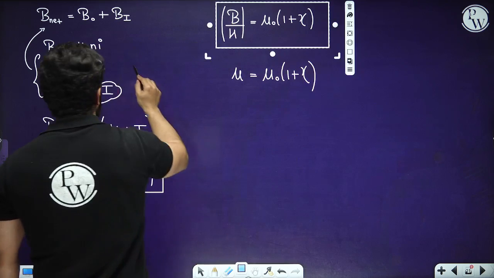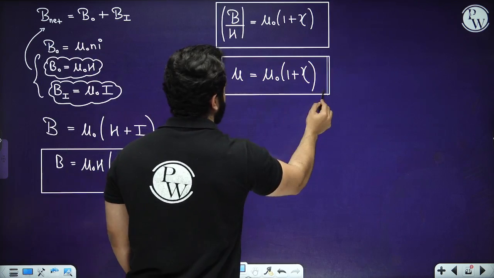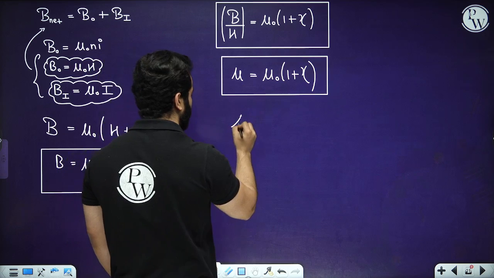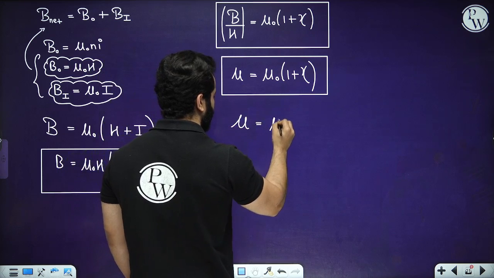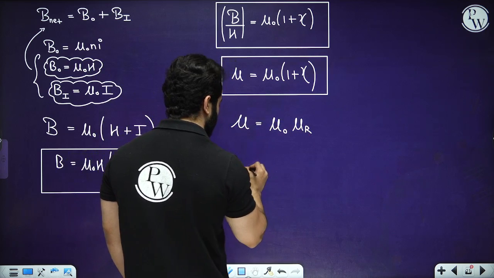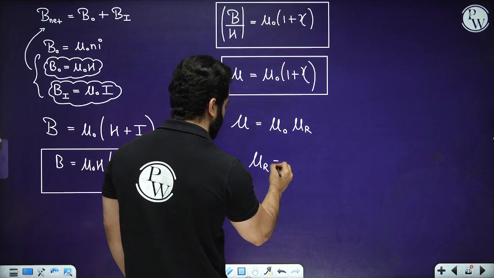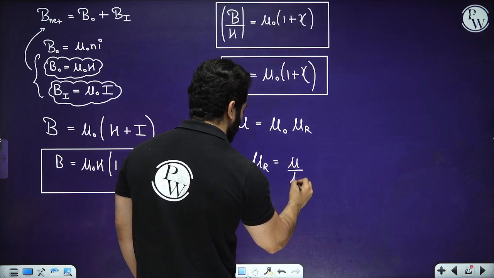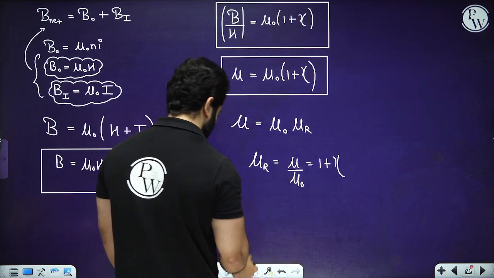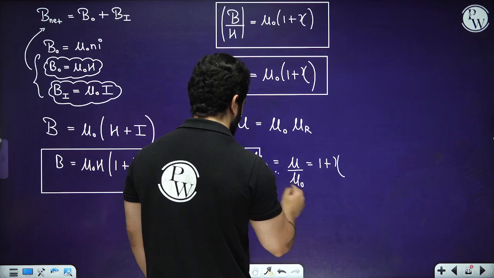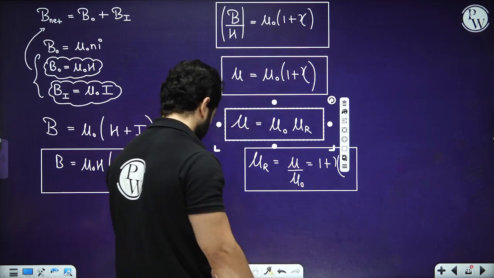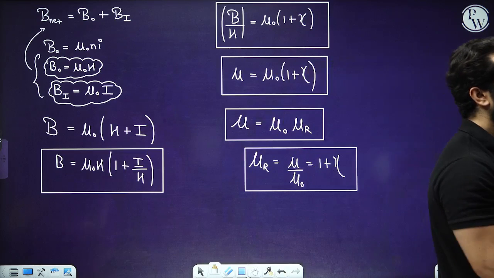And now you can find the relation: mu r is nothing but mu divided by mu naught, which can also be written as 1 plus psi. All of these formulas are very important. Hopefully everything is clear now, right?